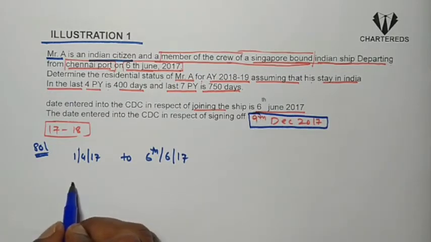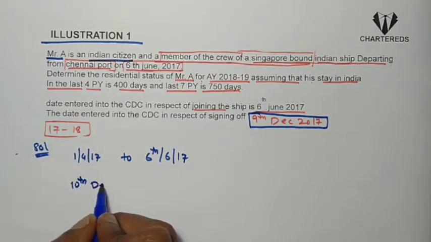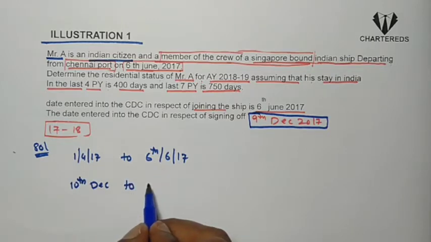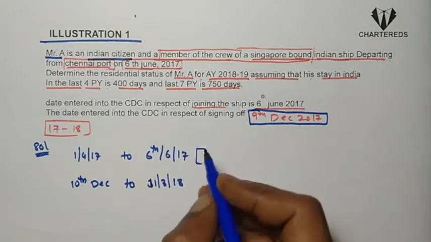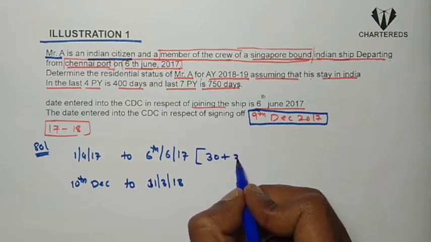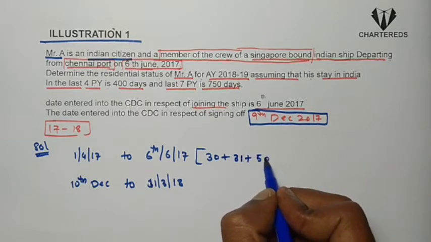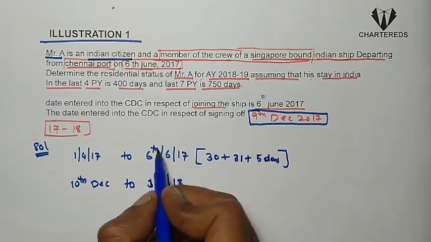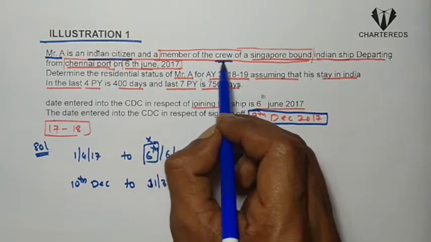So from 10th December to 31st March 18. In April 30 days, May 31 days. For June we should consider it as 5 days, because 6th June we should not consider for a crew member of a ship.